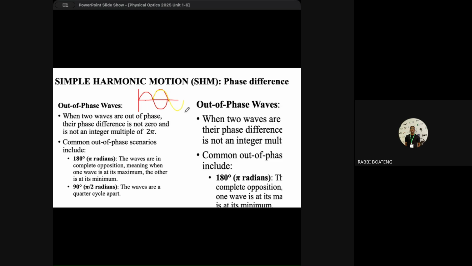So something like this, we will say we are out of phase by what? 180 degrees. Are we appreciating it a little? Perfect. So this is what out of phase is talking about.